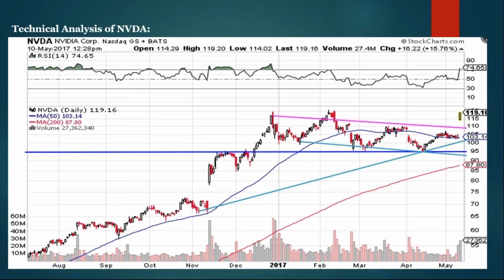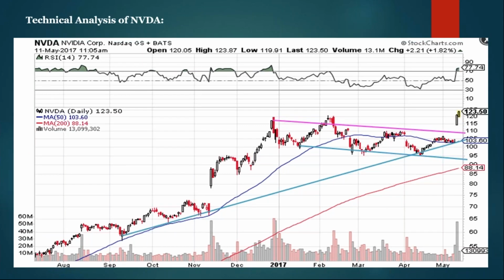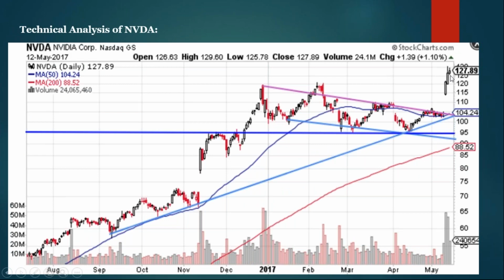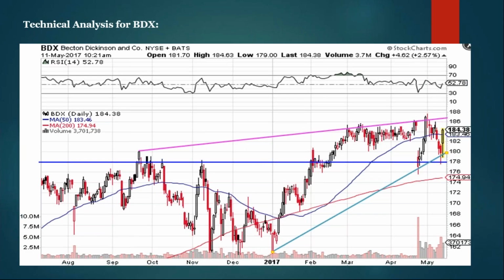We all know that. Nvidia then went up, and we got out, I think, at the 125, 126 level. But it's still going through. This is still moving up. So this gap on huge volume is pushing through. So Nvidia, we will buy on a pullback. So we have to know where the support is.